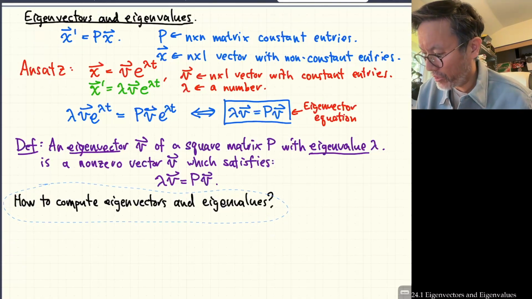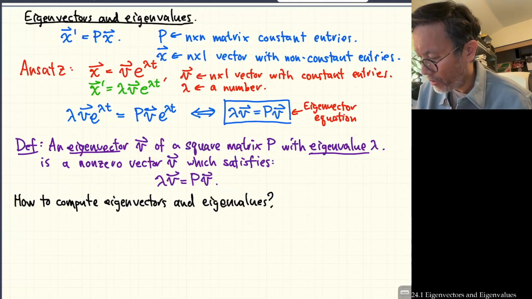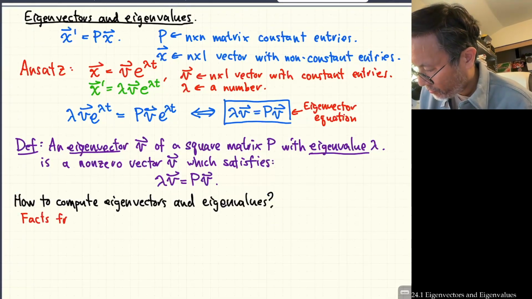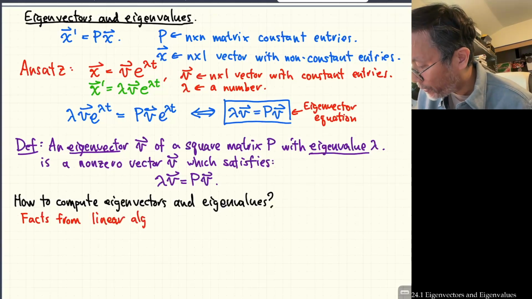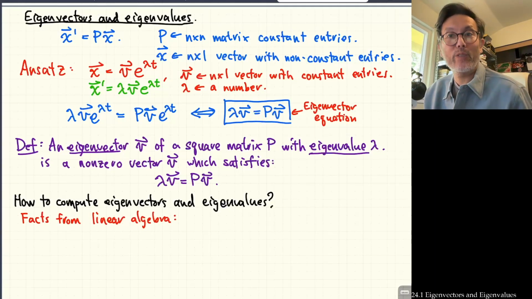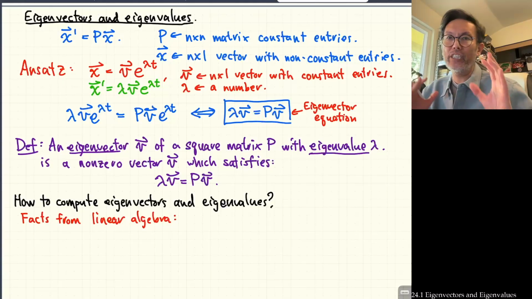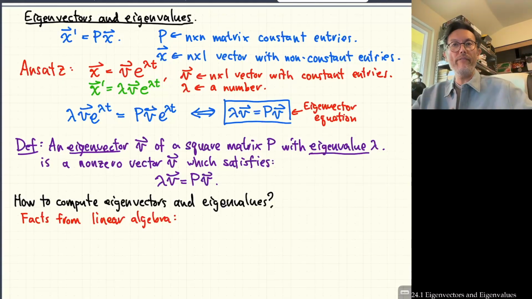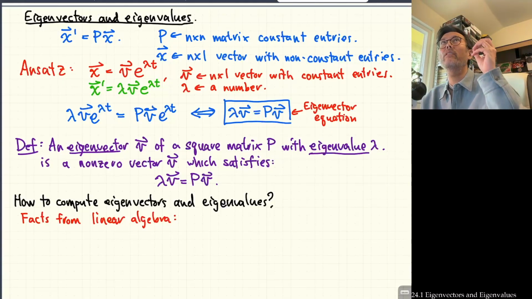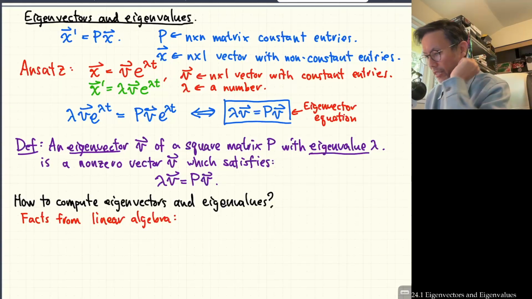So, first, facts from linear algebra that I'm just going to shove down your throat. I don't expect you to understand why these things are true, but I do want to motivate the eventual method for finding eigenvectors by telling you what facts from linear algebra we need in order to make this work.